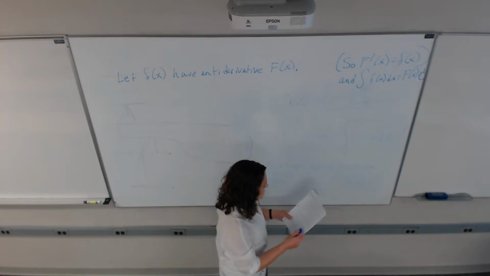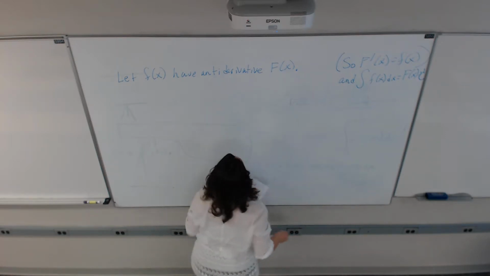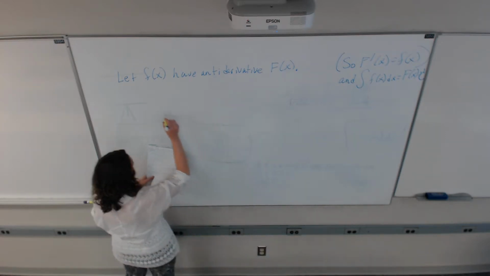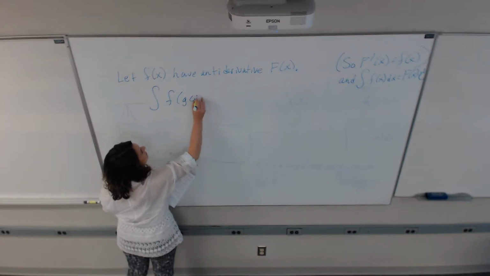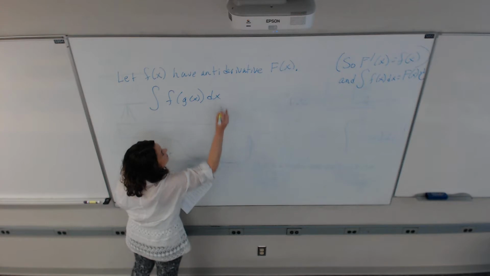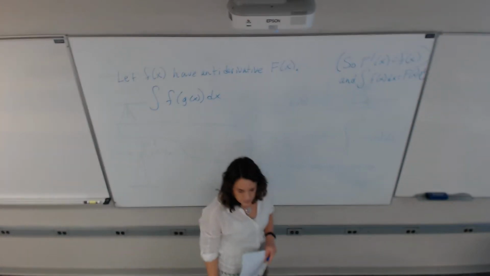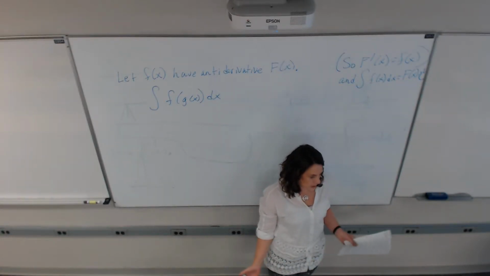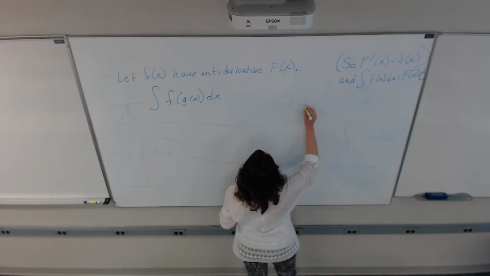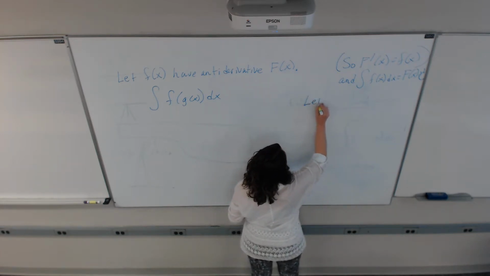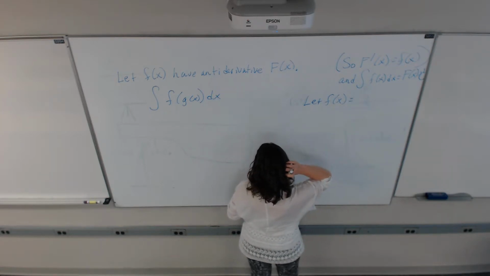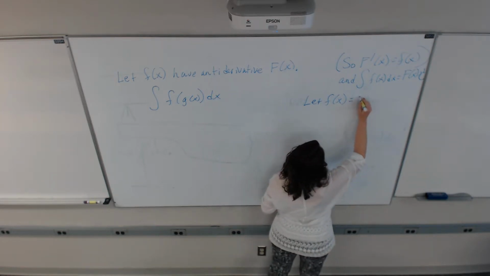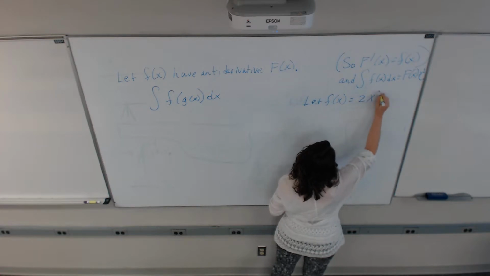All right, here's the issue that we have. How are we going to deal with a composed function? That's our problem. Let me give you an example. Let's suppose that we let f of x equal, let's do a simple one, 2x.